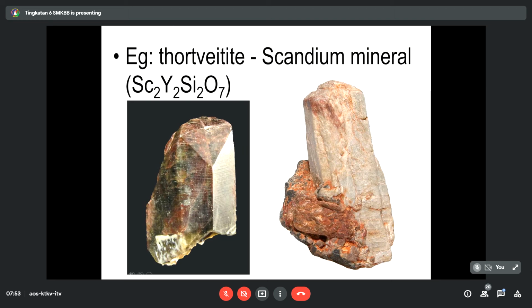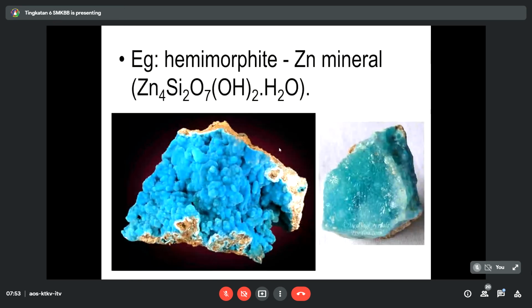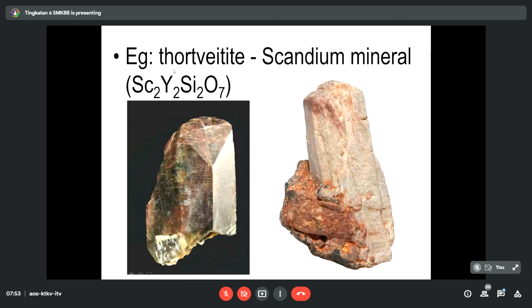You see there, Si2O7. This one contains zinc, hemimorphite contains zinc. This one, thortveitite, contains scandium, Sc.